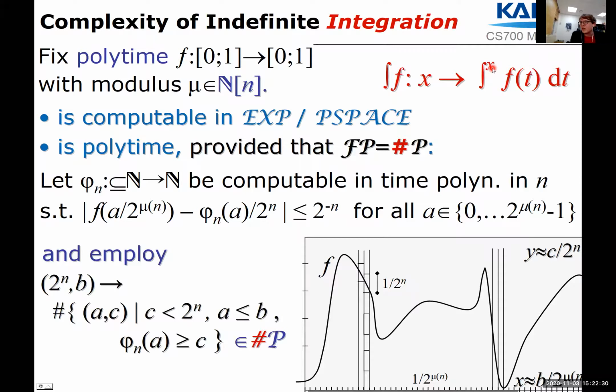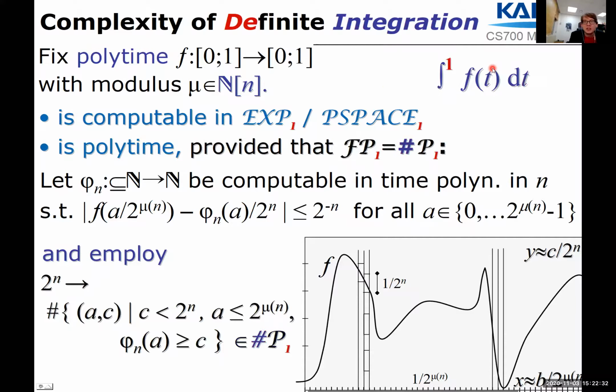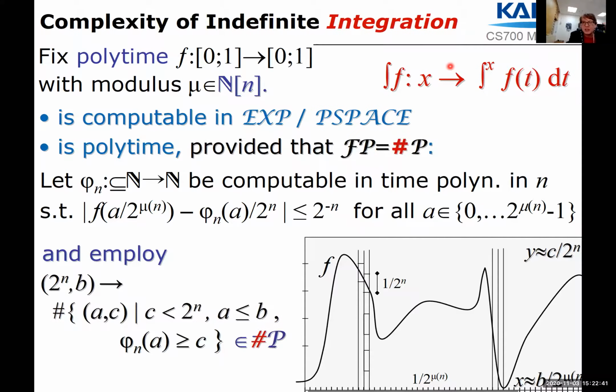So definite Riemann integration as a functional. Here we fix the upper bound, so we want to calculate the integral over the entire interval. There's something I should address in both cases. Here we suppose that the function has only non-negative real values between 0 and 1.